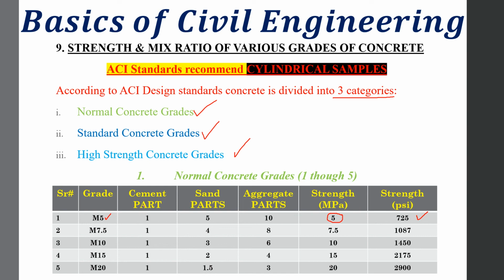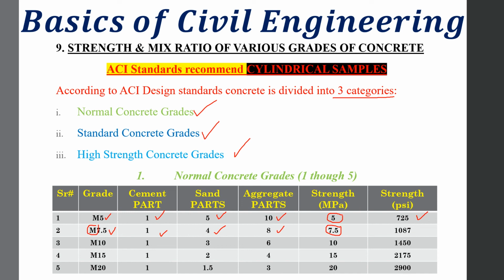The ratio of the proportion of the parts: cement is 1 part, sand is 5 parts, and aggregate is 10 parts. For M7.5, M means mix. This mix is 1 part cement, 4 parts sand, 8 parts aggregates, and its strength is 7.5 megapascals.